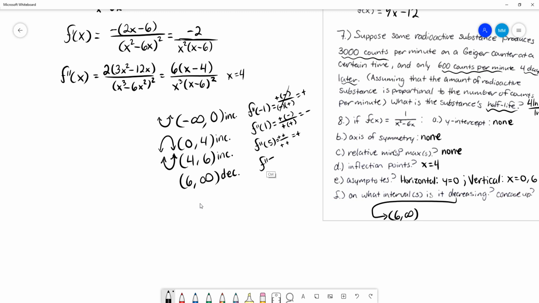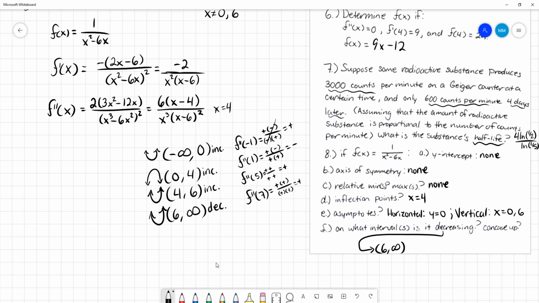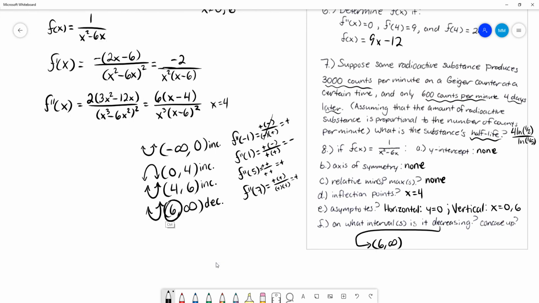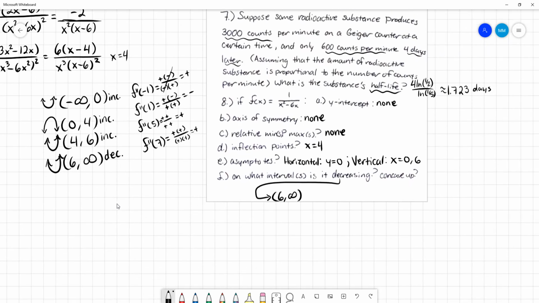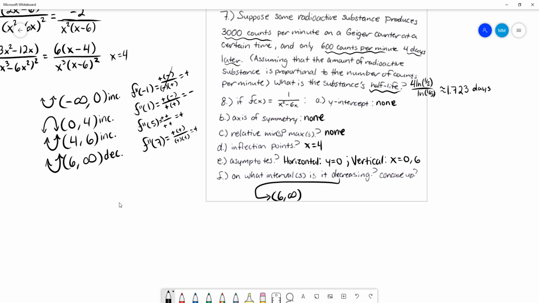Let's plug in a 7. That's going to be 6 times positive over positive and positive, and it is concave up again. So now, remember that 0 and 6 are outside of our domain, but also intervals of concavity are always non-inclusive anyway.